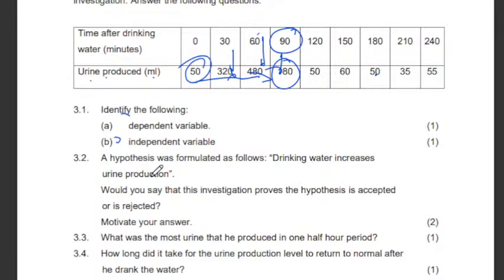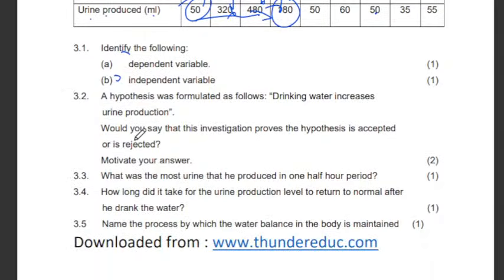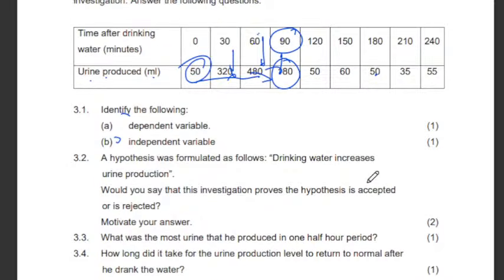Then you go to what was the most urine produced in a half hour period. Okay, meaning that 1.5 hour. Okay, sharp.